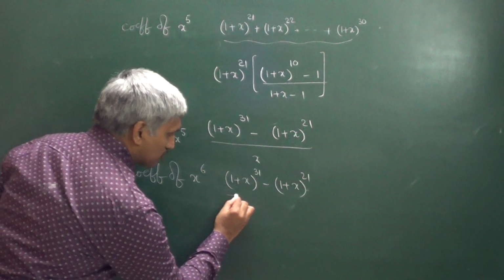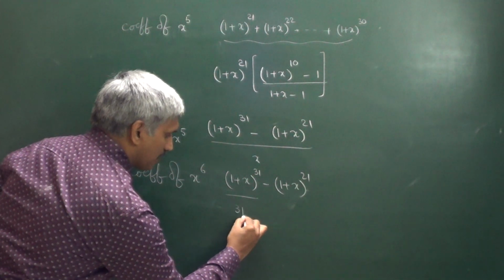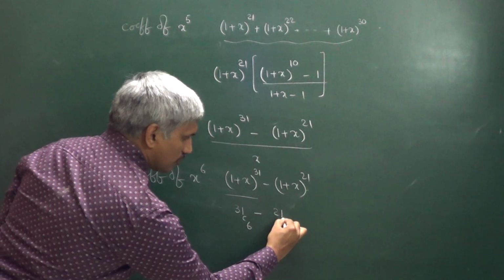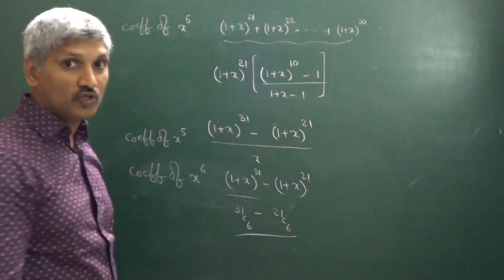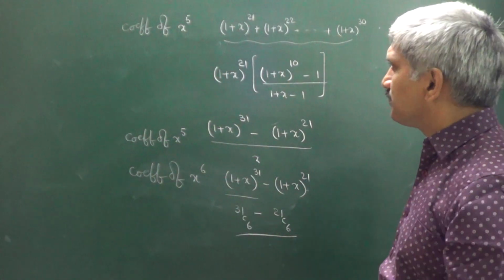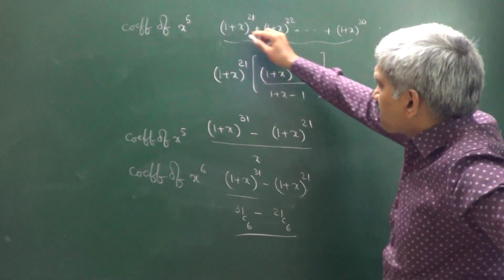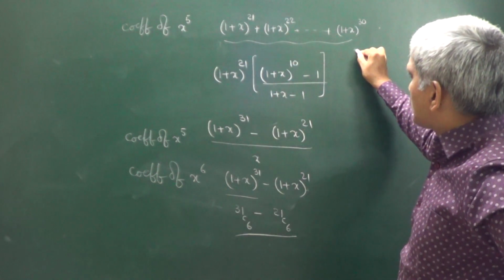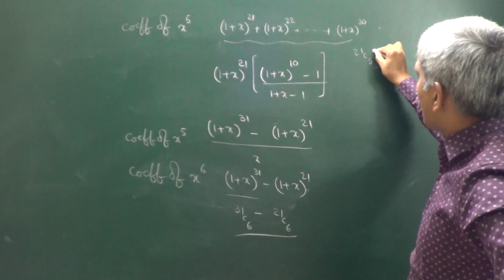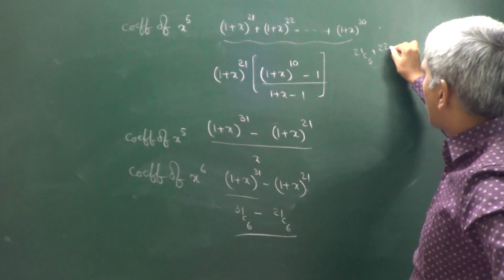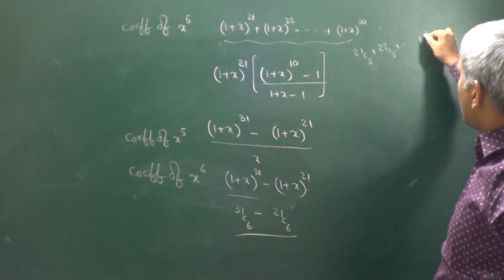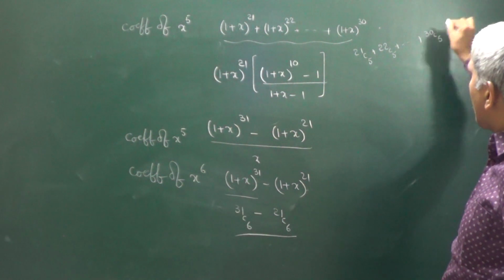Now tell me what is the x power 6 coefficient? 31C6 minus x power 6 coefficient 21C6. So 31C6 minus 21C6 is the answer. So observe here. Here x power 5 coefficient is 21C5. Here x power 5 coefficient is 22C5. Next and so on. Finally 30C5.